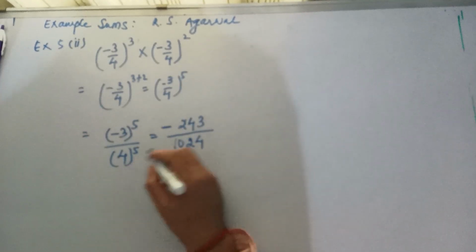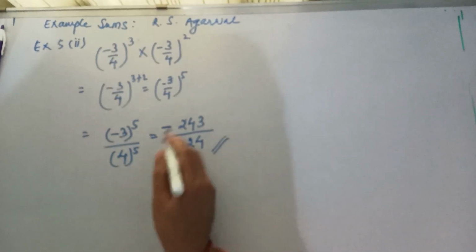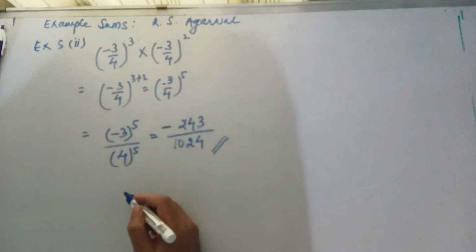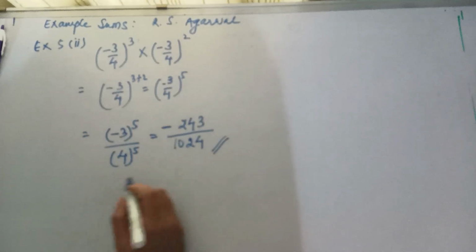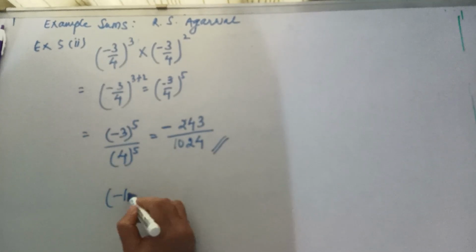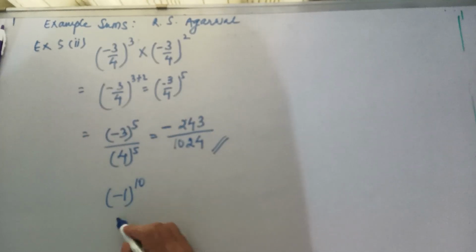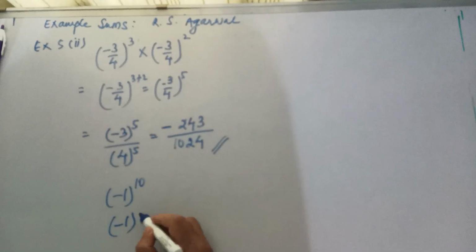Now here, one important thing we need to note, this is the answer of this sum. The important thing which we need to understand is, let's say -1 raised to 10, and -1 raised to 9.